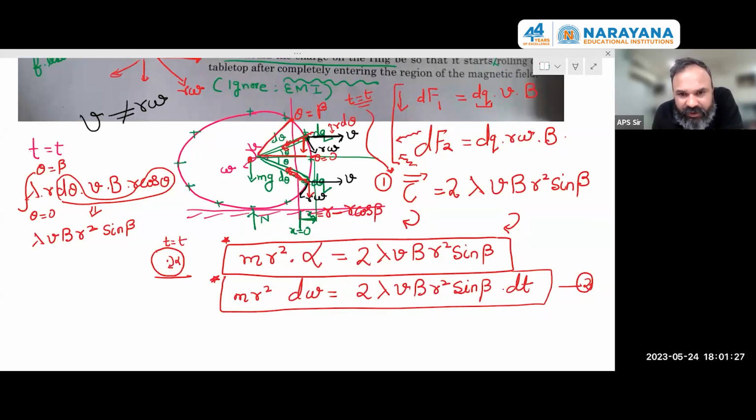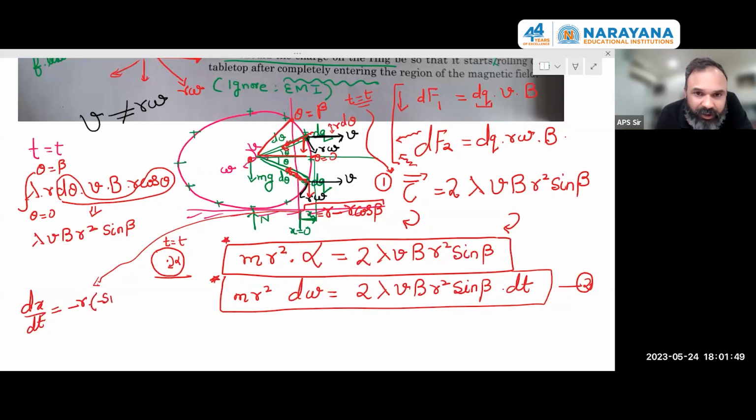So if this is my x, r minus r cos beta, let us try to differentiate this equation. Let's observe keenly. So dx by dt can be written as d by dt of these terms. So minus r will go out. Then d by dt of the cos beta term. So this becomes minus sine beta into d beta by dt term.